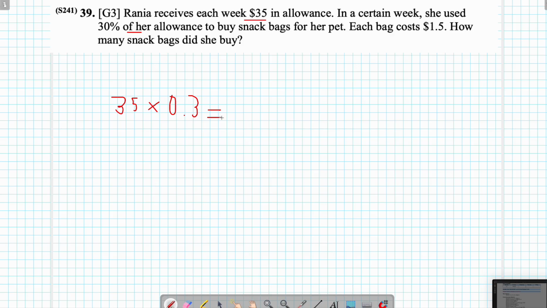Each bag, so not the entire thing, each bag, so one bag is 1.5x, because we're looking for the amount of snack bags. So what we're going to do is 35 times 0.3 divided by 1.5, you'll get that x is equal to 7.